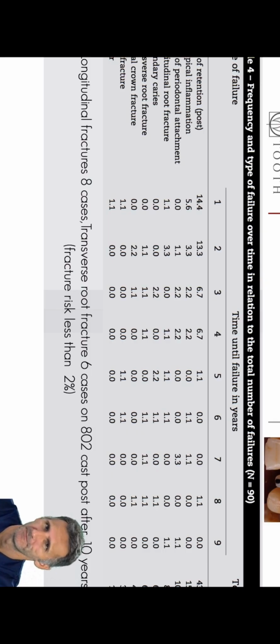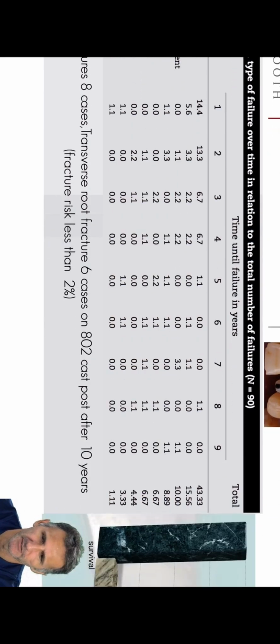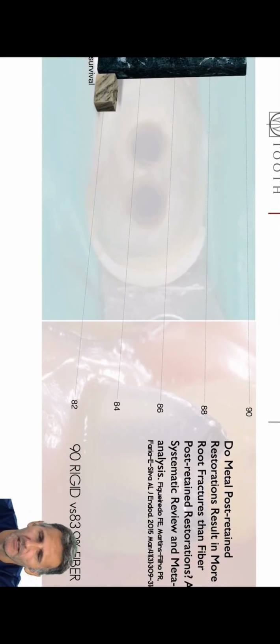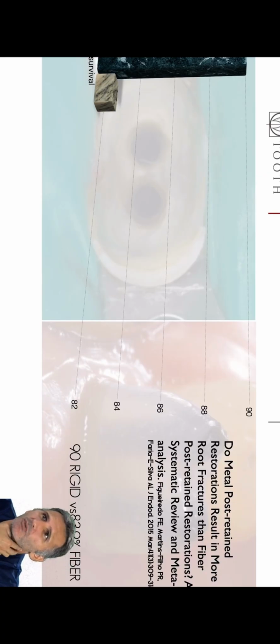Numbers are completely different. Do metal post retained restorations result in more root fractures than fiber post retained restorations? A systematic review and meta-analysis. And even here we see that fiber posts perform in a worse way than rigid post.